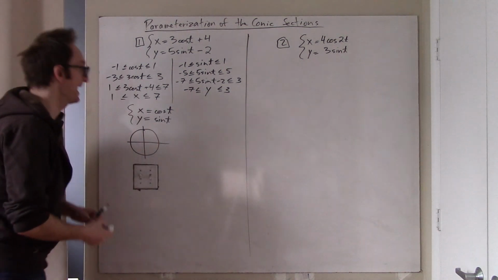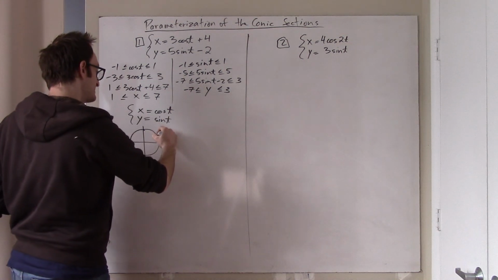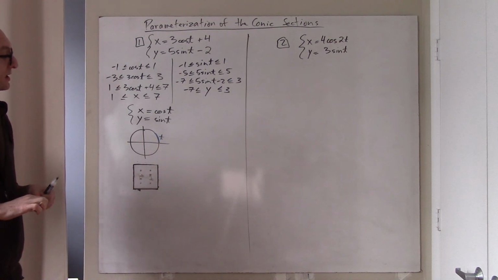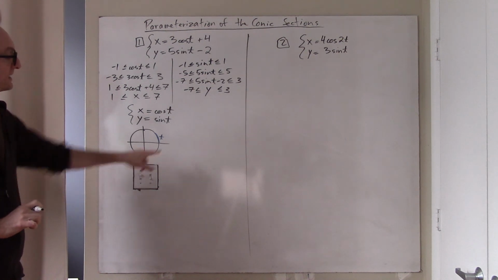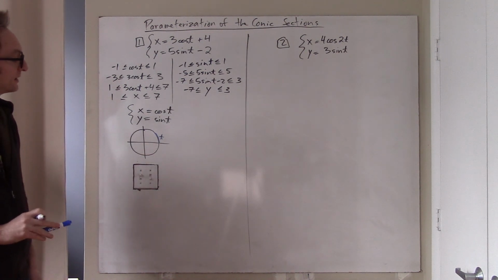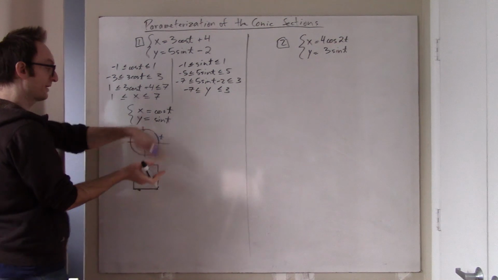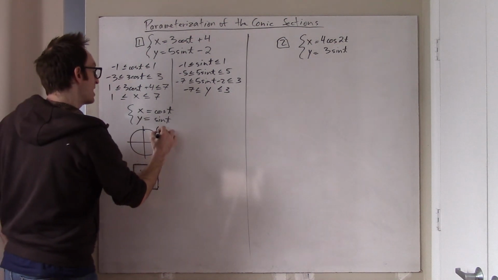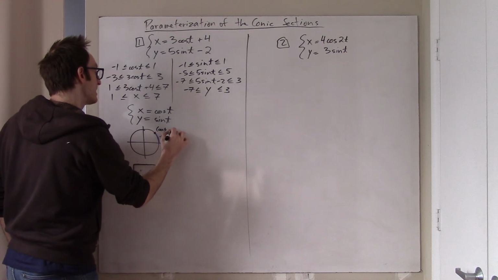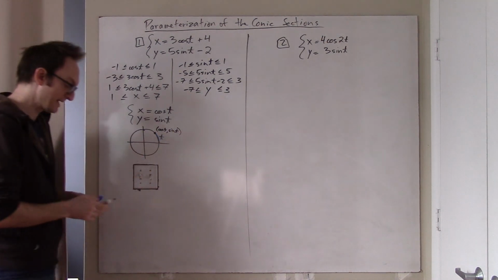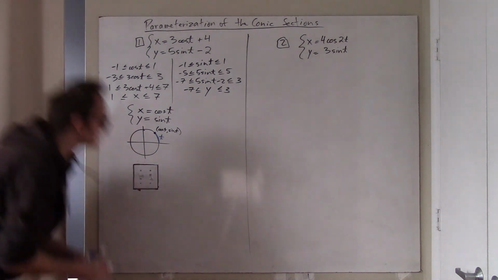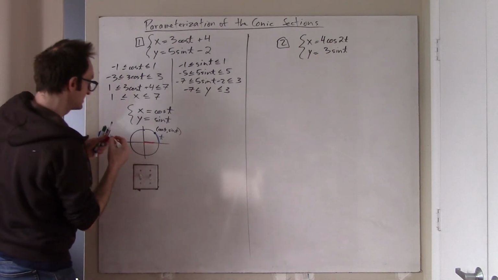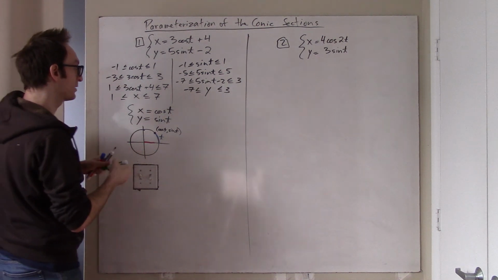You can think of t as the length of the arc on the unit circle. If t is the length of the arc that you've wrapped around that circle, then the coordinates of that point are cosine t comma sine t. That's actually just what sine and cosine are. Cosine is the x-coordinate and sine is the y-coordinate.